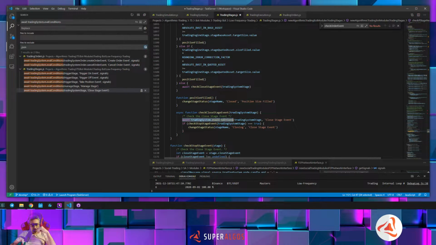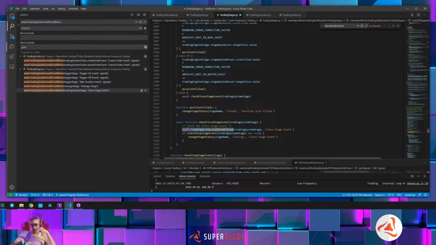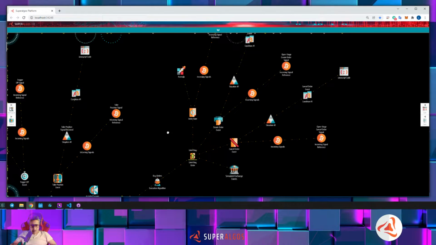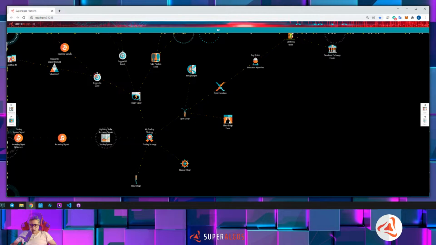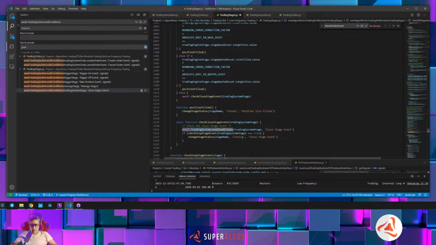This is a function that is being called most likely at the open and close stages to evaluate if the event to close a stage, that is an event that is hanging around here, close stage event, if this needs to be executed or not. So here we will need the logic to grab the signals and pass it into here. And there's one guy missing here that we will look into after this one.